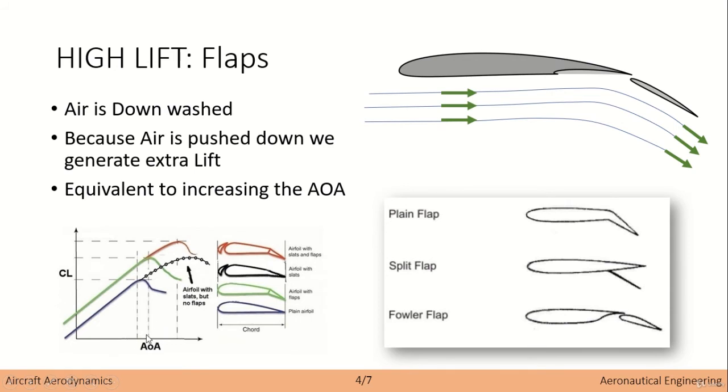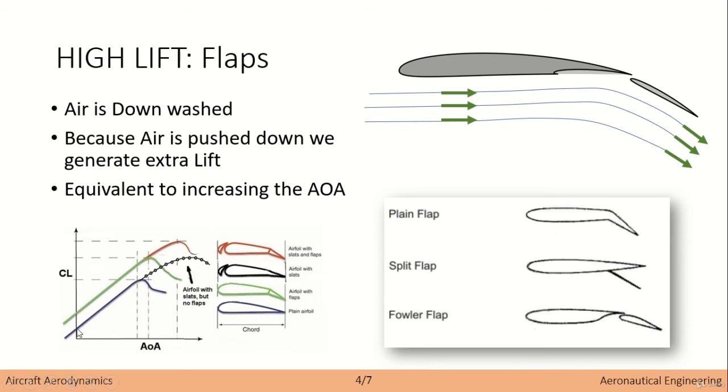This is what I meant before by changing the location of the curve of the coefficient of lift. The basic physics is simply that: we have an extra downwash, and this extra downwash is related to moving the coefficient of lift curve.